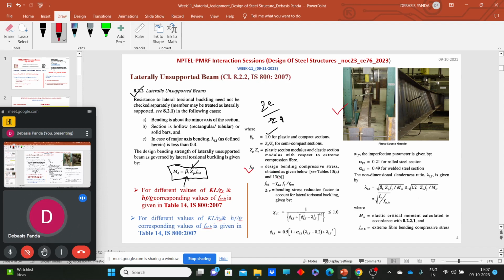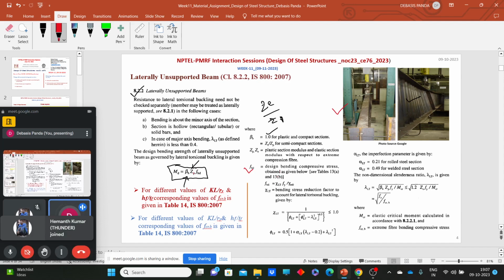These two values we can easily calculate here, but how can we calculate fbd, the design bending compressive strength? Two procedures are there. Either we can follow the equations: fbd can be calculated using the equation chi LT fy by gamma m0, where the chi LT value can be calculated using this formula.